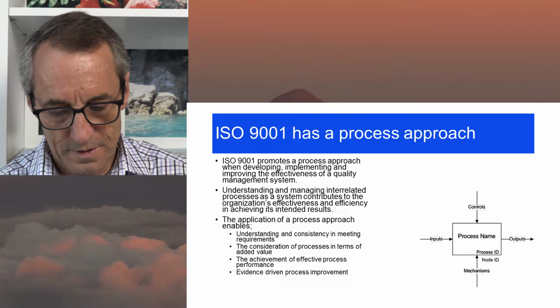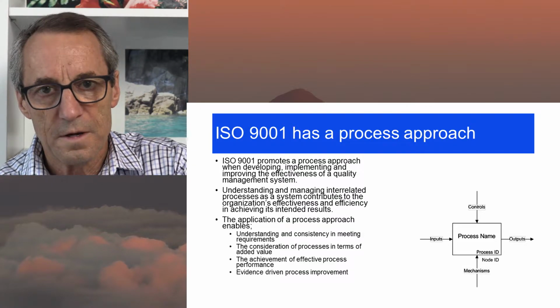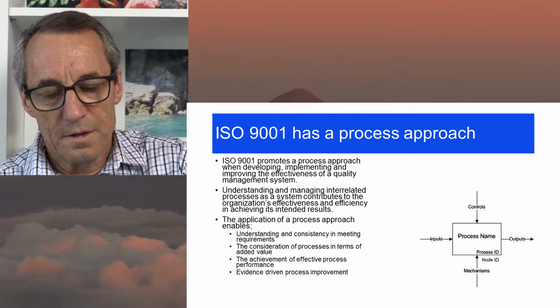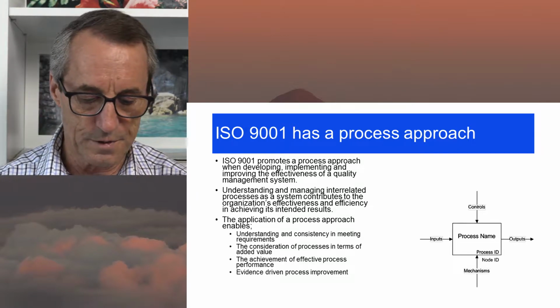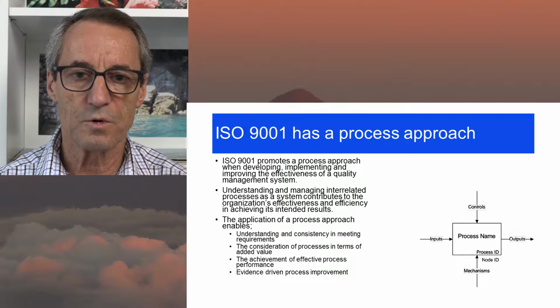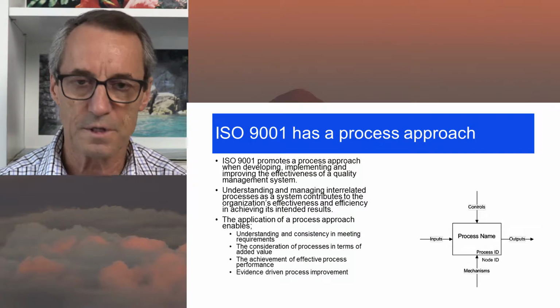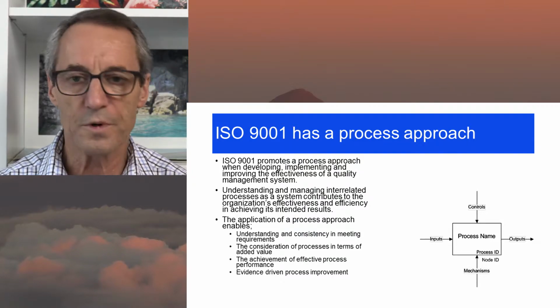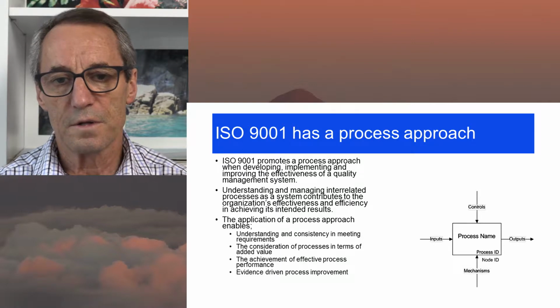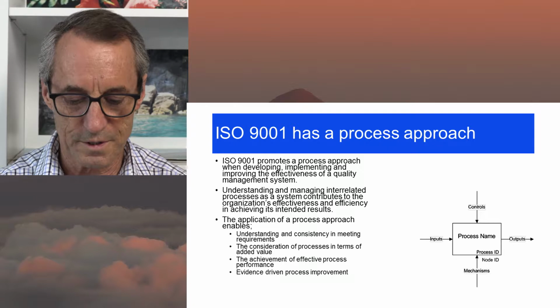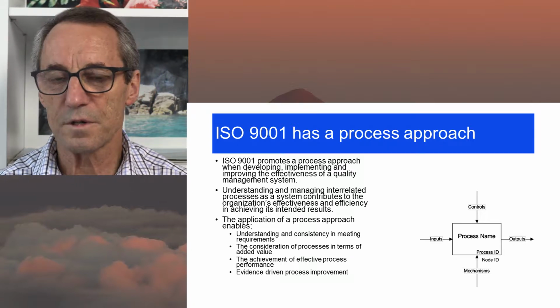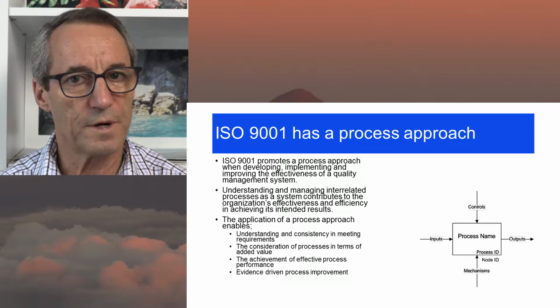And now this comes down to understanding and managing interrelated processes as a system contributes to the organization's effectiveness and efficiency to achieve its intended results. And processes you can think of as the little box there with some sort of a process. It has inputs. It's got to transform those inputs into outputs or outcomes.